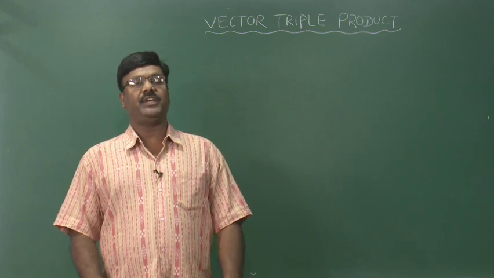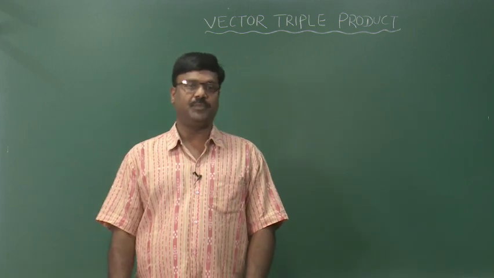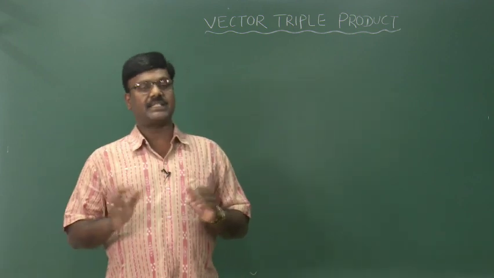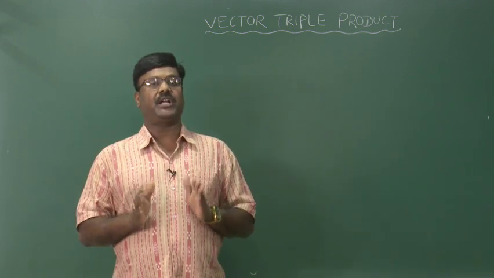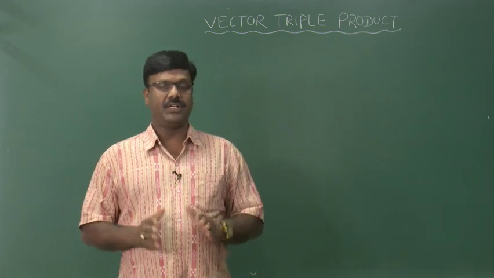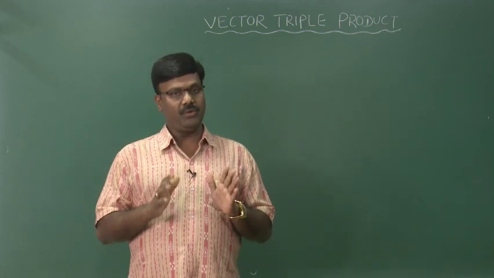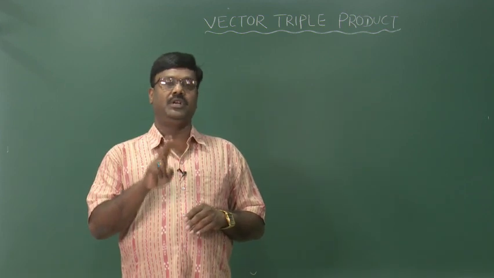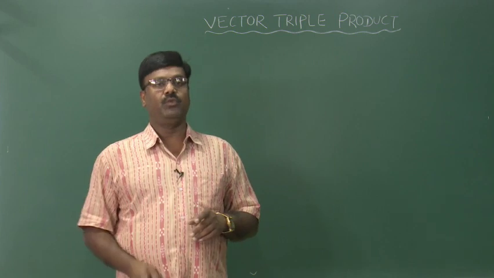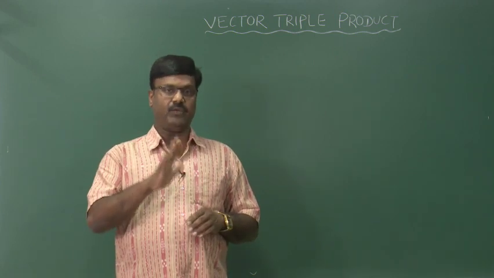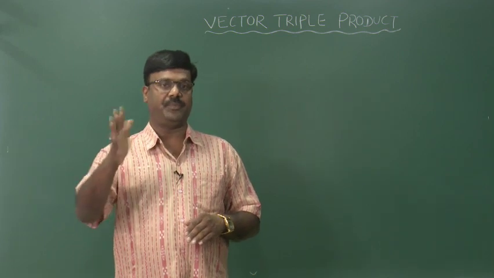Our today's topic is vector triple product. In our previous class, we have discussed what is triple product of vectors and what are the different types of triple product of vectors, from which we have concluded that there are two types. One is the scalar triple product and the second one is the vector triple product.